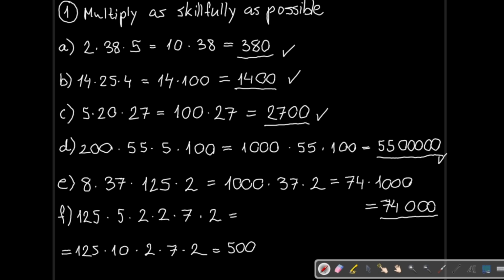We could alternatively multiply 2 and 2 first, that gives us 4, and 125 times 4 is also 500. So 500 times 10 times 7. I did 2 steps in one step here.